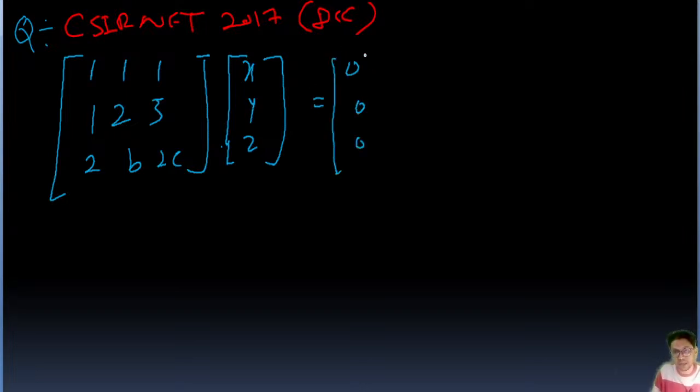So this is the matrix given. Okay, matrix equation is given, which is clearly a homogeneous matrix equation, right?